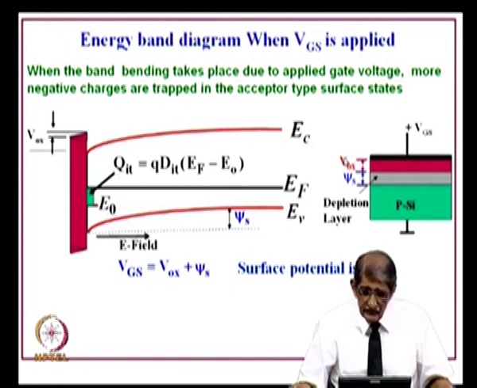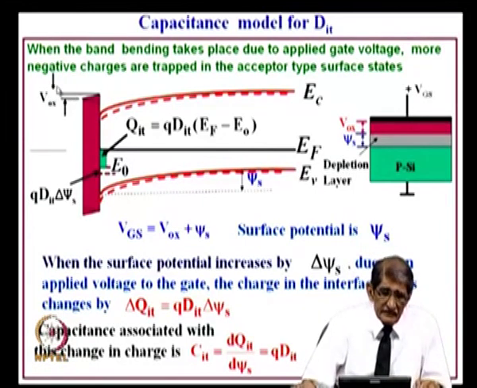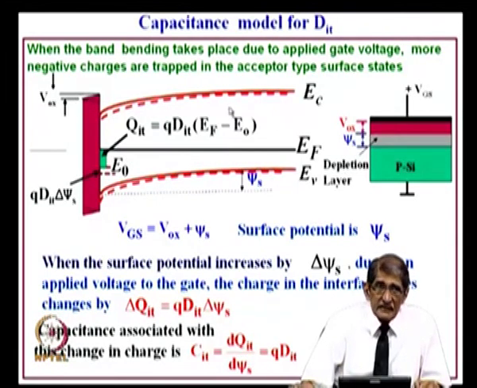Now, if the gate voltage is changed by delta V g, that delta V g will be shared between the oxide and also psi of s. That diagram I have drawn here. I have increased that V g by delta V g. So, due to that, there will be delta V oxide, additional voltage drop, and delta psi of s.